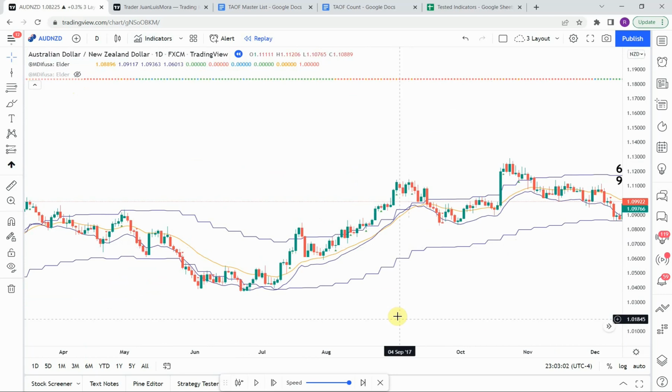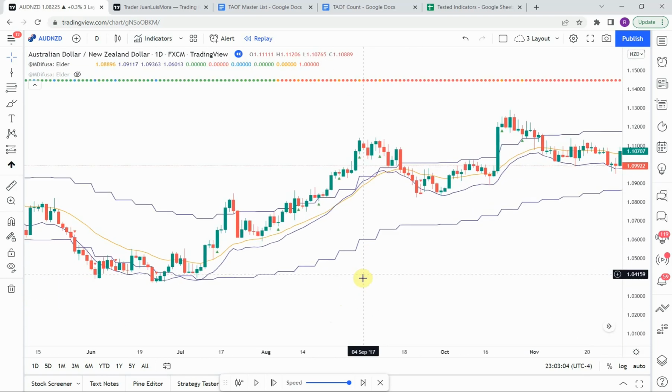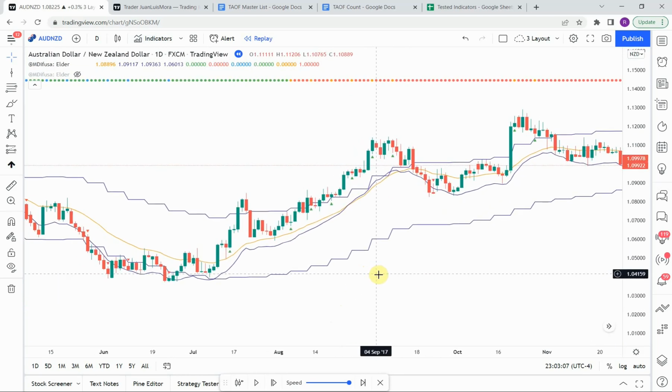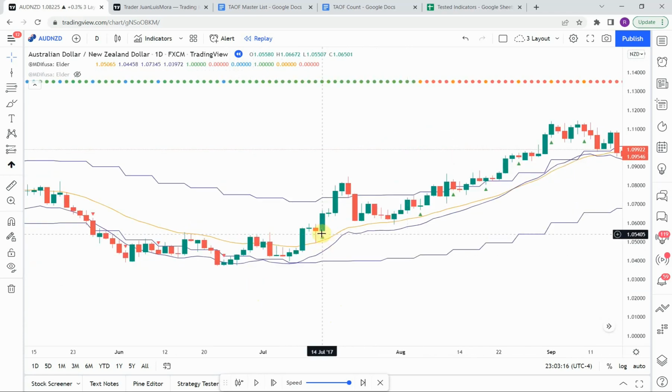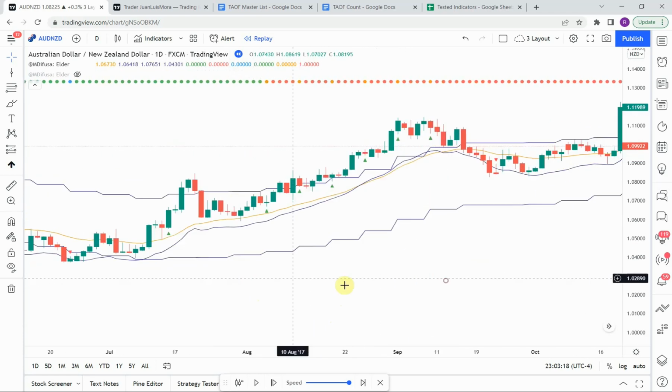So what we're looking for is when we get a cross, or when we get an arrow like right here. I know it's really kind of hard to see. You see this little green arrow right here.